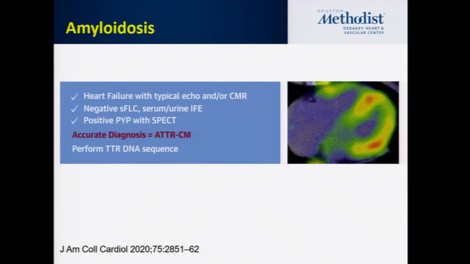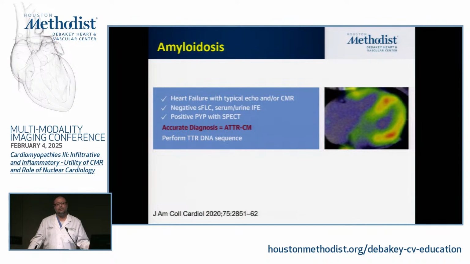This is not for somebody who's completely asymptomatic, because then your false positive rate is going to go up. It's not for someone whose kappa lambda you have not checked, because about 4% of them could still be AL amyloidosis, and that's something very important to keep in mind.